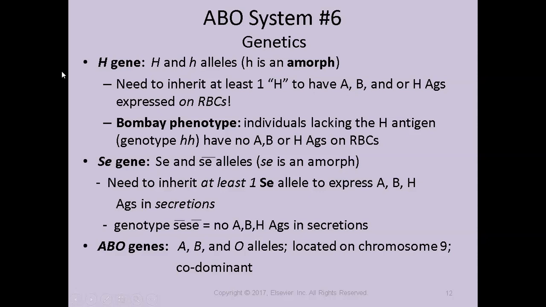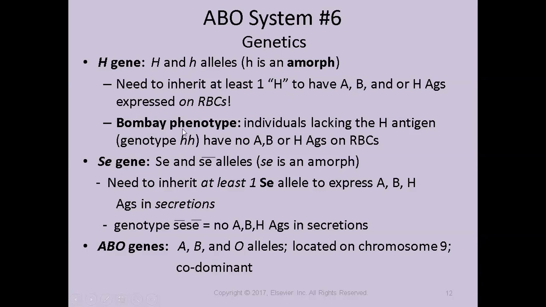There are some rare individuals who we will look at towards the end of this lecture called the Bombay phenotype, and they're named that because this was first discovered in India, in Bombay, which I believe now is called Mumbai. But these individuals lack the H antigen. Okay, so what does that mean as far as inheritance? They are homozygous for little h.